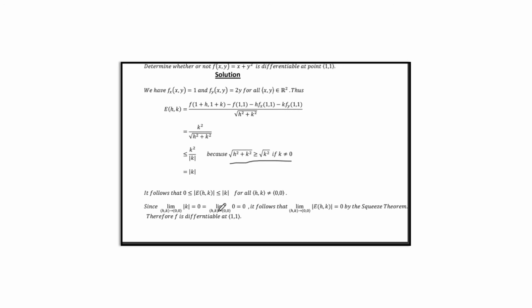And the limit on the left side, the limit of 0 as (h, k) approaches 0, is just 0. So by the squeeze theorem, this means that the limit of the absolute value of E of h, k just becomes 0. So with that said, we can therefore conclude that f is differentiable at (1, 1).